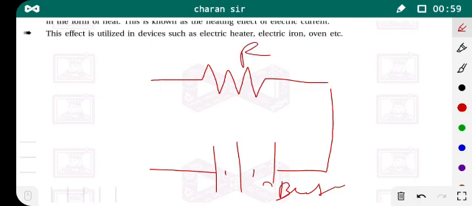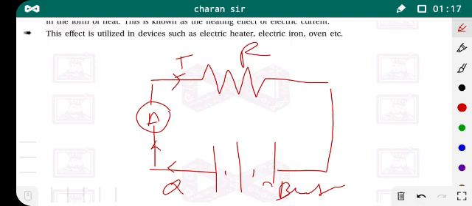Due to the battery, the charge carriers can be in motion, and whenever charge particles are in motion, that constitutes the electric current. This current can be measured by an ammeter, and the potential difference across the conductor is measured by a voltmeter. So this is one type of circuit diagram.